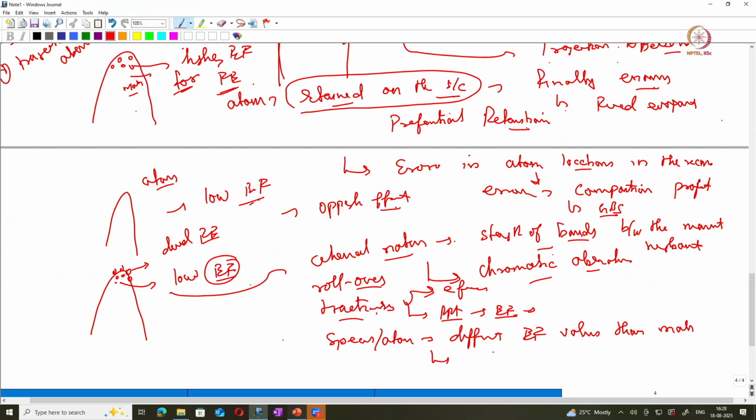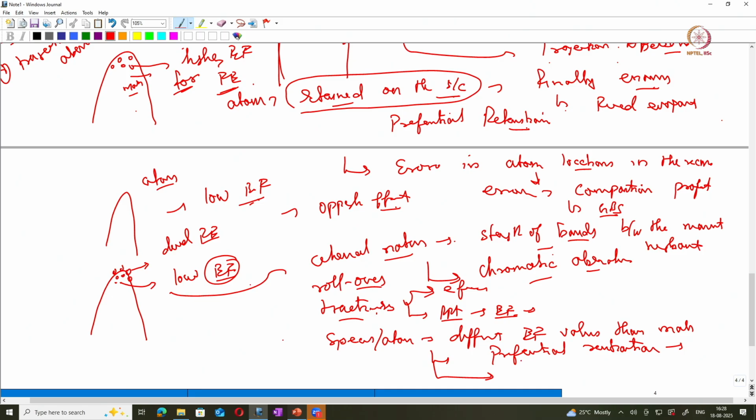It is usually called preferential retention, when the field evaporation of those solutes or species is higher than the matrix.